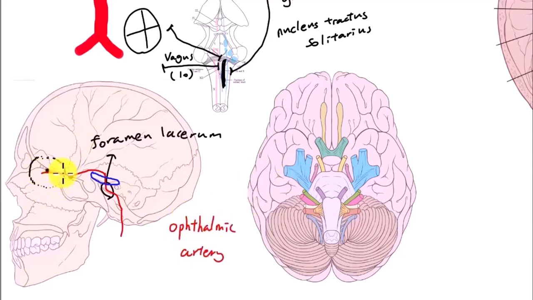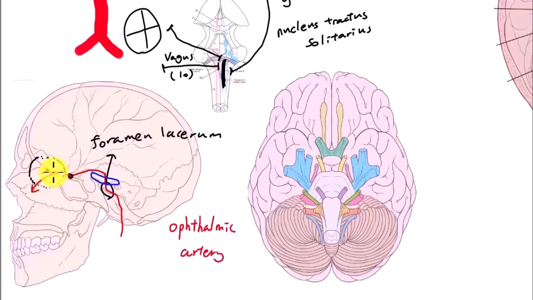branches out into several different blood vessels, such as the posterior ethmoidal artery and anterior ethmoidal artery, which together supply the tissues inside the nasal cavity and nasal septum.